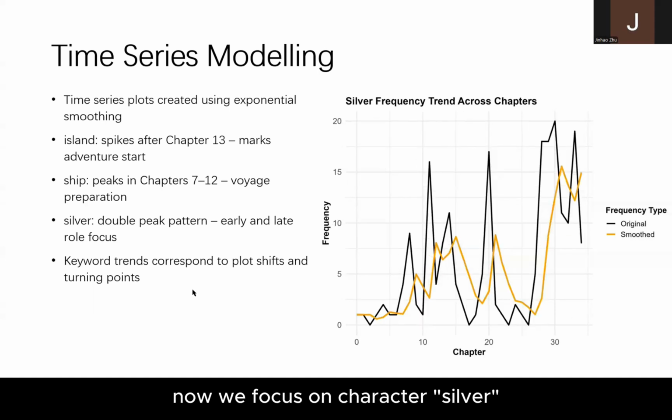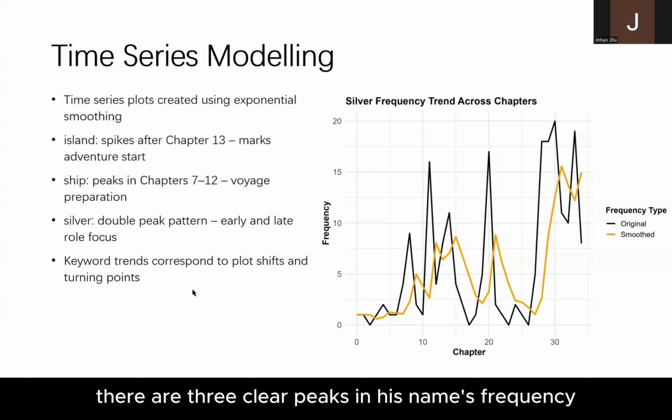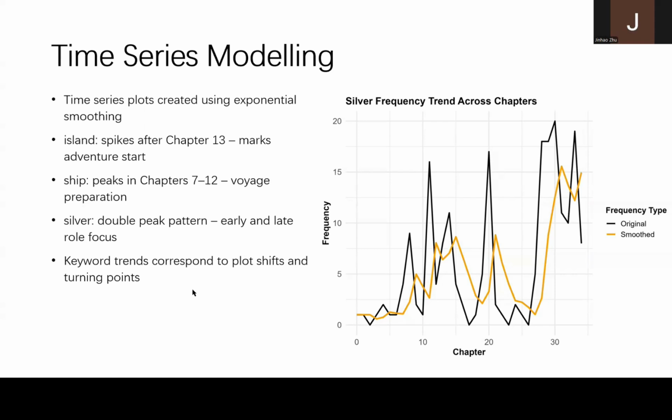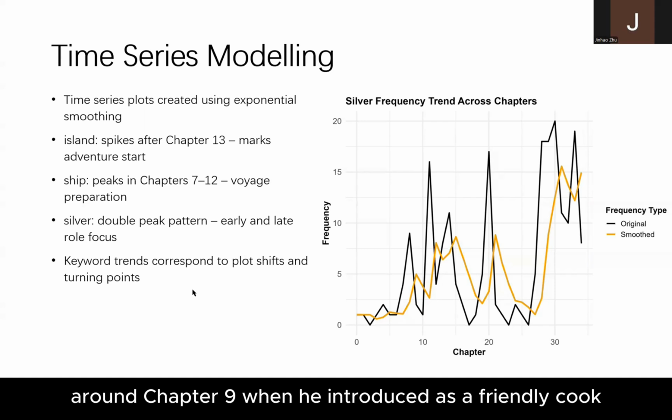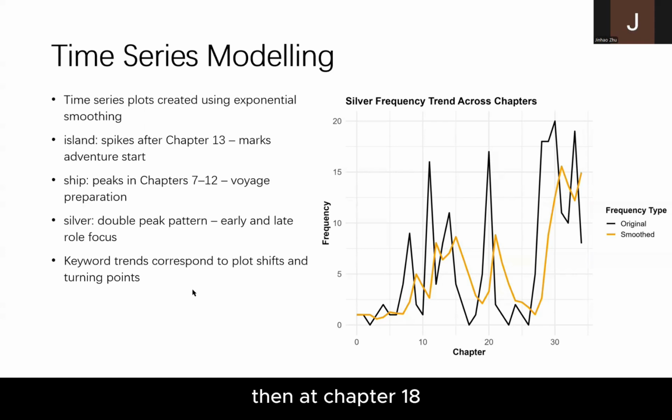Now we focus on the character Silver, a key figure in the story. There are three clear peaks in his name's frequency. First, around chapter 9, when he is introduced as a friendly cook. Then, at chapter 18, when he becomes the leader of the mutiny. Finally, between chapters 31 to 33, where he reappears in the resolution.